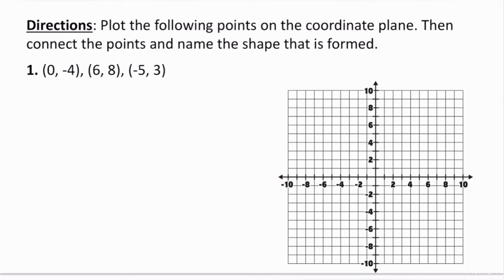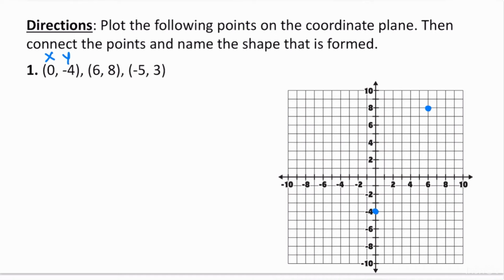All right, directions: plot the following points on the coordinate plane, then connect the points and name the shape that is formed. So every ordered pair is of the form x comma y. 0 and then down to negative 4, that's my first point. 6 on the x-axis and then up to 8 is right there.